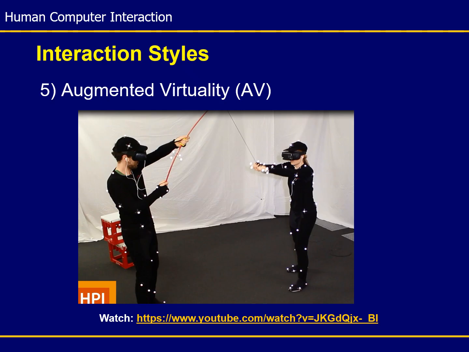Now, each one of those 2 users is seeing a completely different scene. One of them is fishing in a virtual lake, but he is holding a physical fishing rod, and that's the gentleman, and the lady is flying a kite. So she is holding the ribbon of the kite, the other end of the fishing rod that the guy is holding.